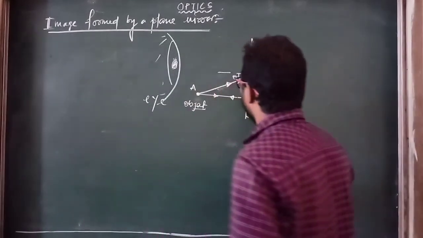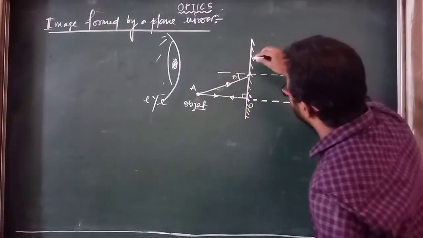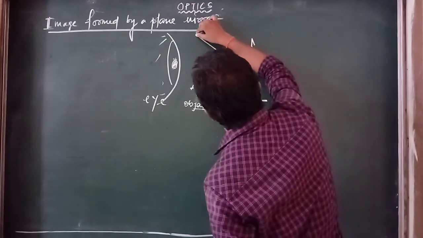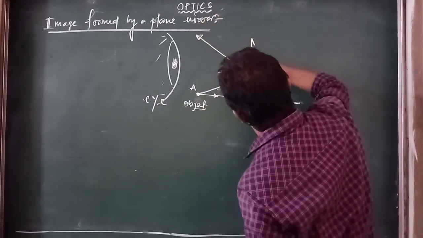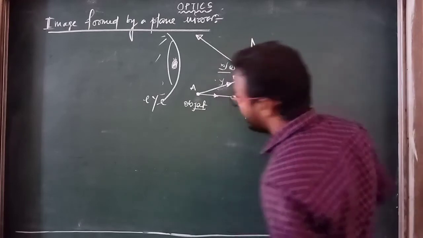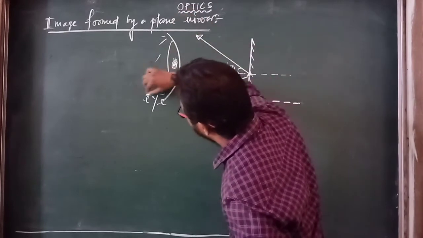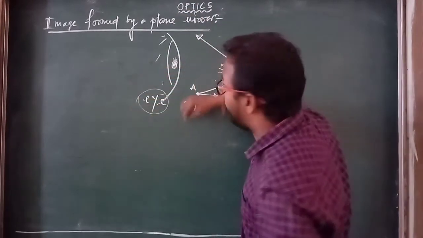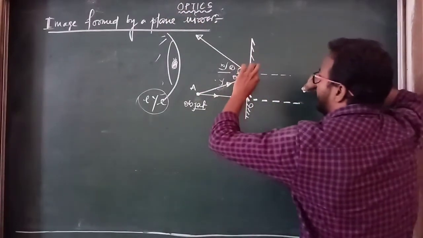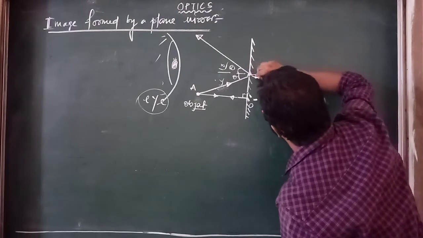Then by the laws of reflection, the angle of incidence is equal to the angle of reflection, and the ray is reflected in this direction, and this angle is also theta, because this is I and this is R. But if you observe from here, because this is the eye, and you look at this point, the reflected ray just seems to be coming from this point.